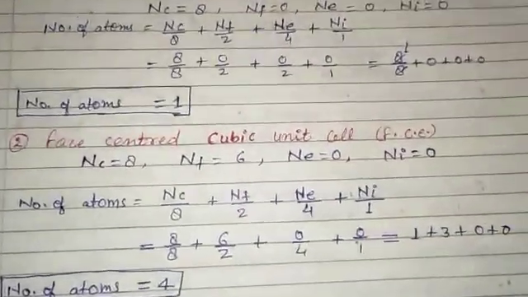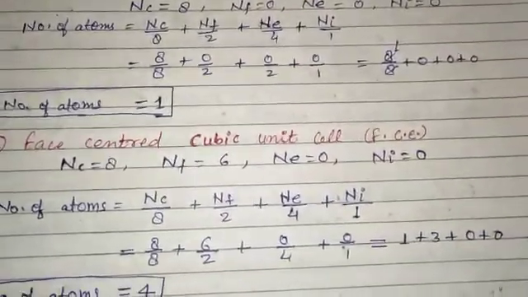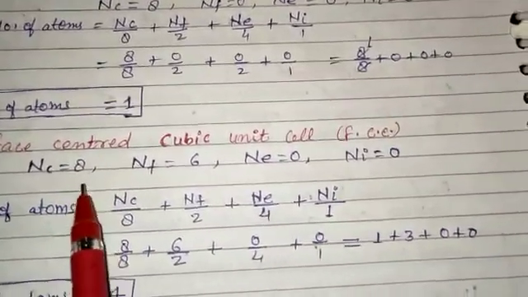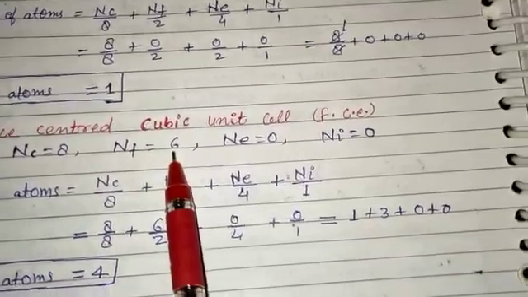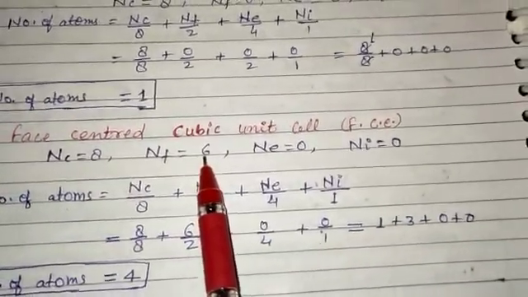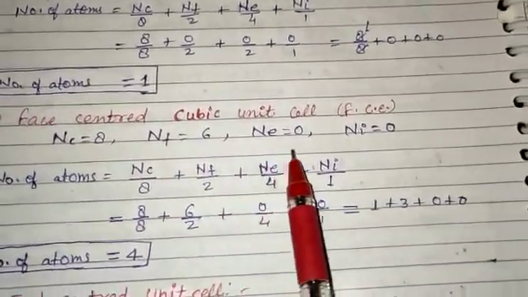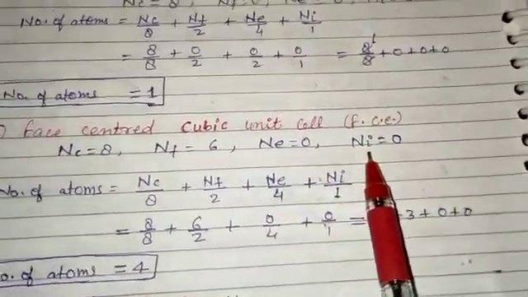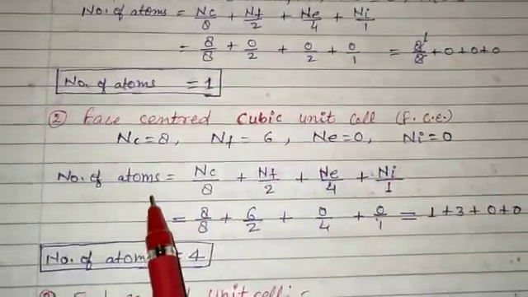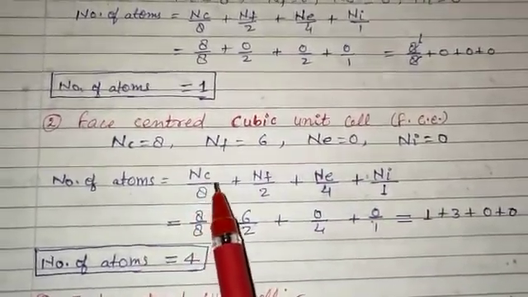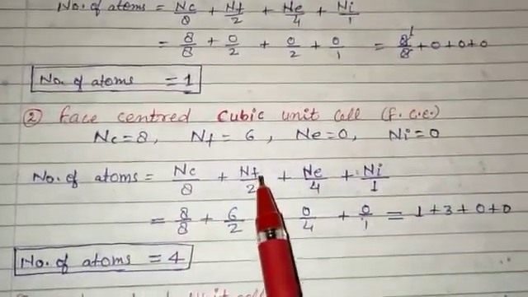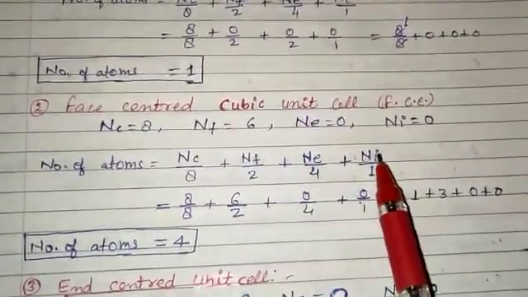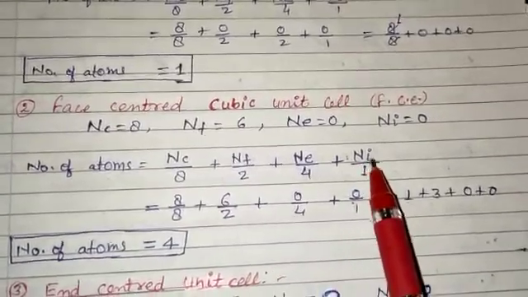In the case of the face centered unit cell, the number of particles present at the corner is 8, at the face 6, because there are 6 faces in the cube, and there is no particle present at the edge or inside the cell. So the number of atoms is corner by 8, face by 2, edge by 4, and inside the cell divided by 1.